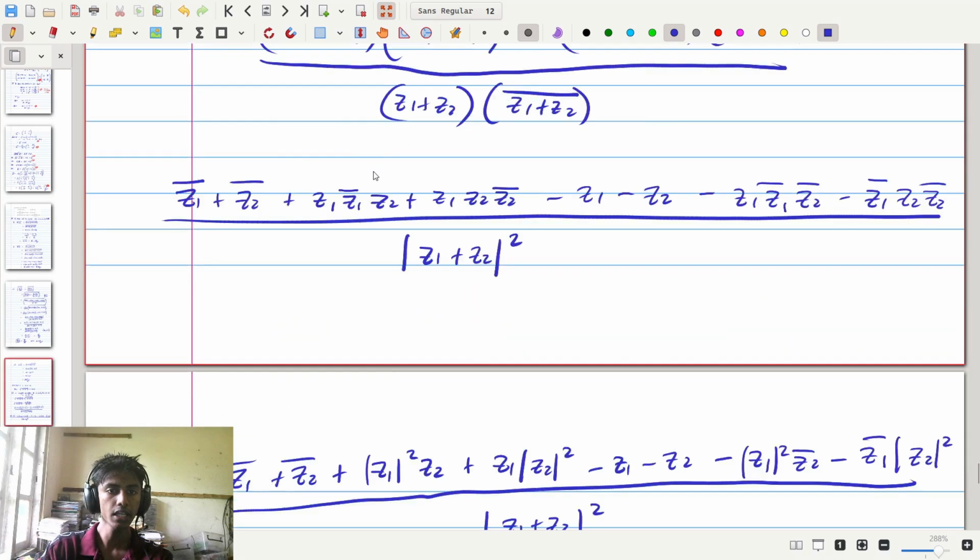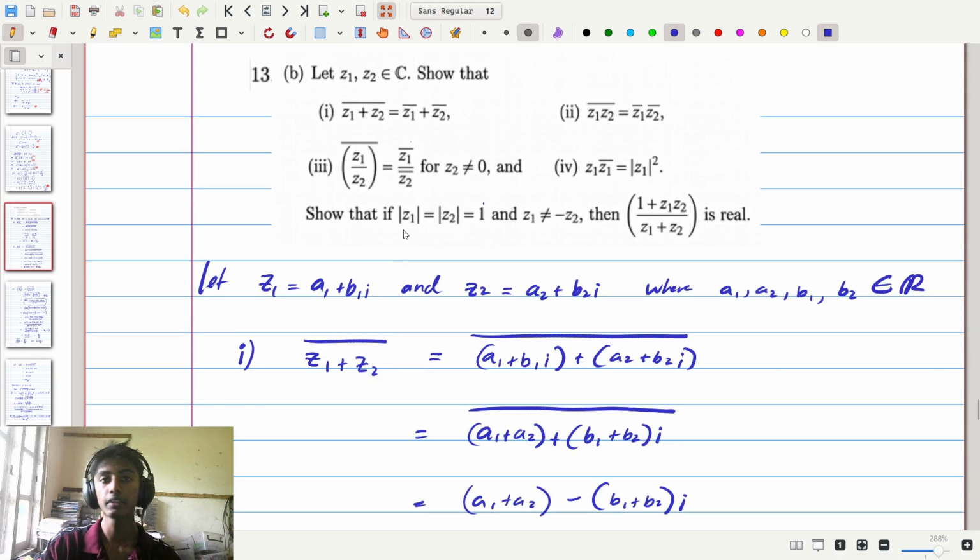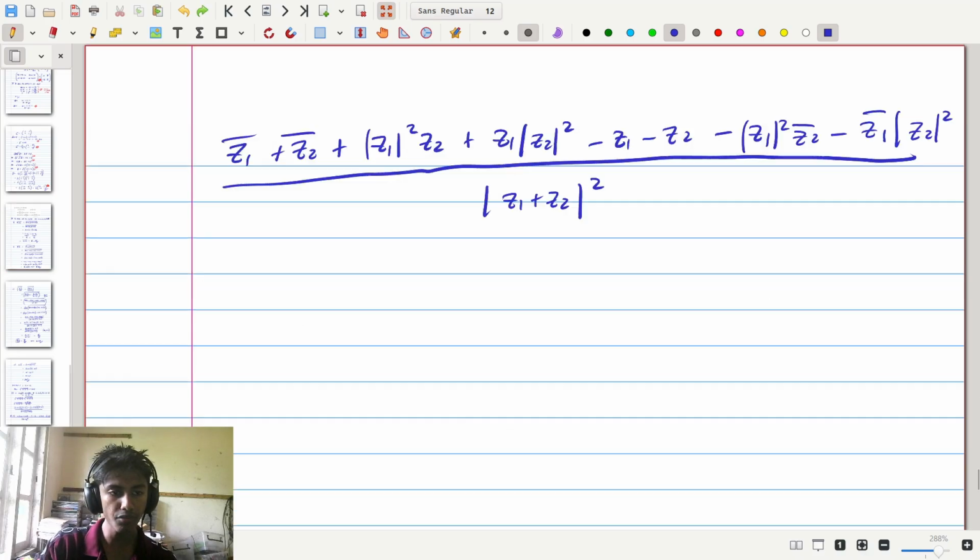Now in here, if we go back to the conditions they gave us, they told us that modulus of Z1 is equal to modulus of Z2 is equal to 1. So therefore, this is equal to 1, this is equal to 1, and this is equal to 1, and this is equal to 1, since 1 squared is equal to 1.